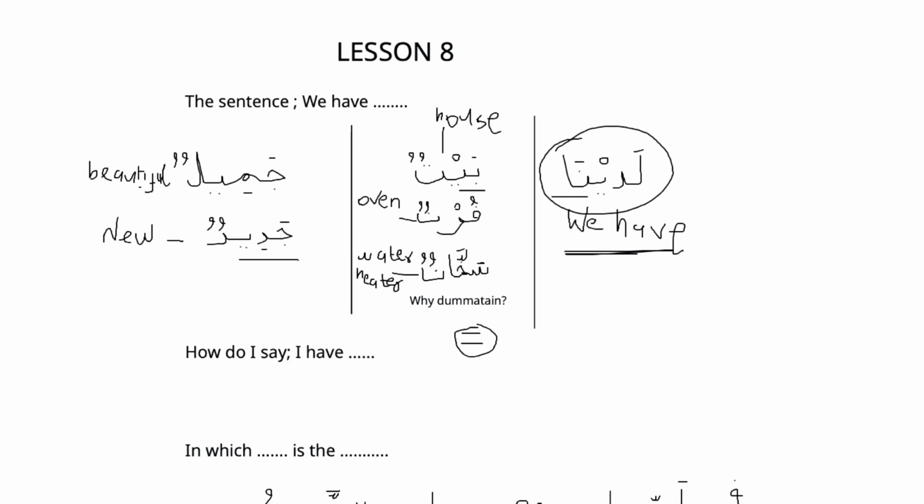On the object here, baytun has dhammatain, furnun has dhammatain. We said nouns in their normal form have dhammatain, but whenever they are objects in a sentence, they take fathatain. The house here would be an object in a normal English sentence and therefore supposed to have fathatain, but they have dhammatain.